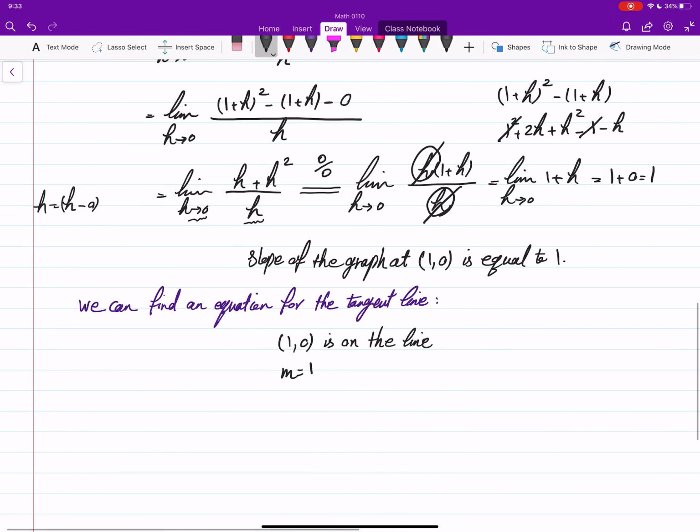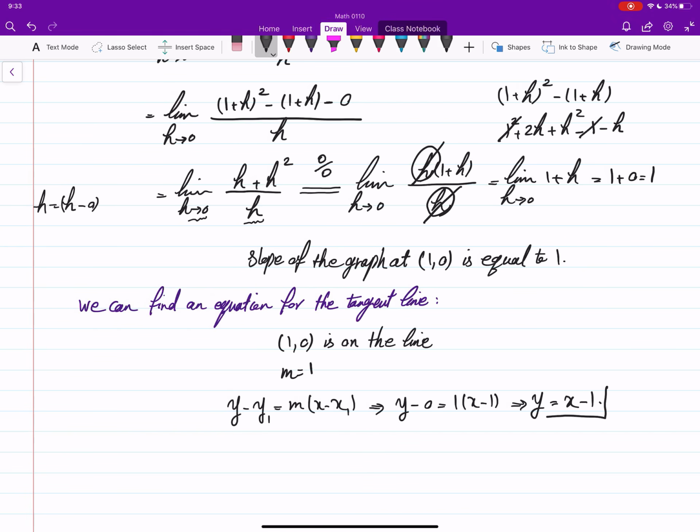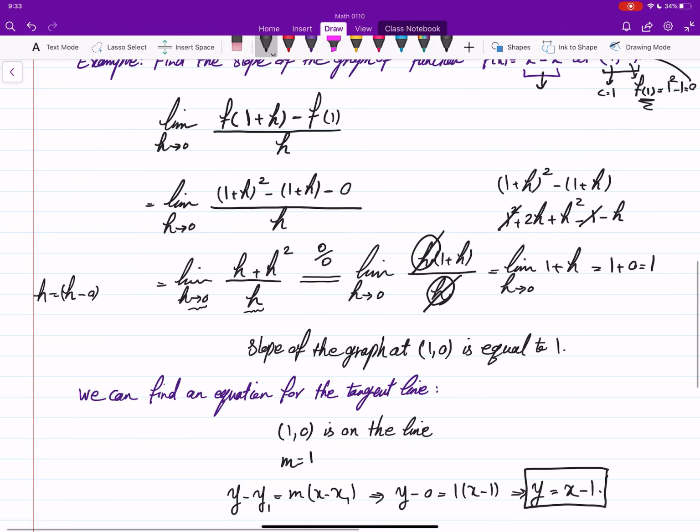So go ahead: y minus y1 equals m times x minus x1. This is y minus 0 equals 1 times x minus 1. And that's how we get y equals x minus 1. That is the tangent line to the graph, and that was the slope of the tangent line or the graph at that point.